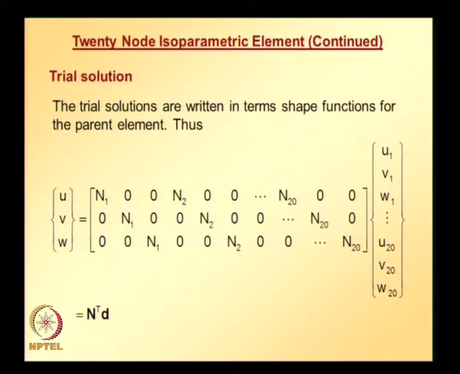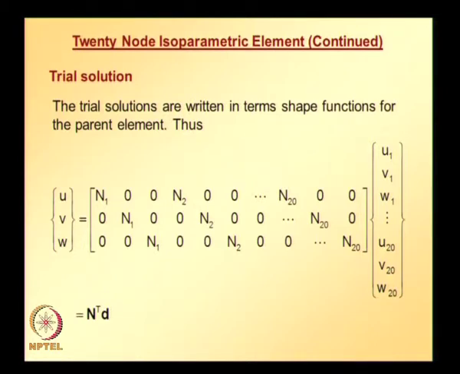This equation is similar to that we have seen earlier, except that the number of nodes increased. The matrix consisting of finite element shape functions is denoted with letter N, and the displacement components at all the nodes are denoted with letter d. So, it is compactly written as N transpose d.